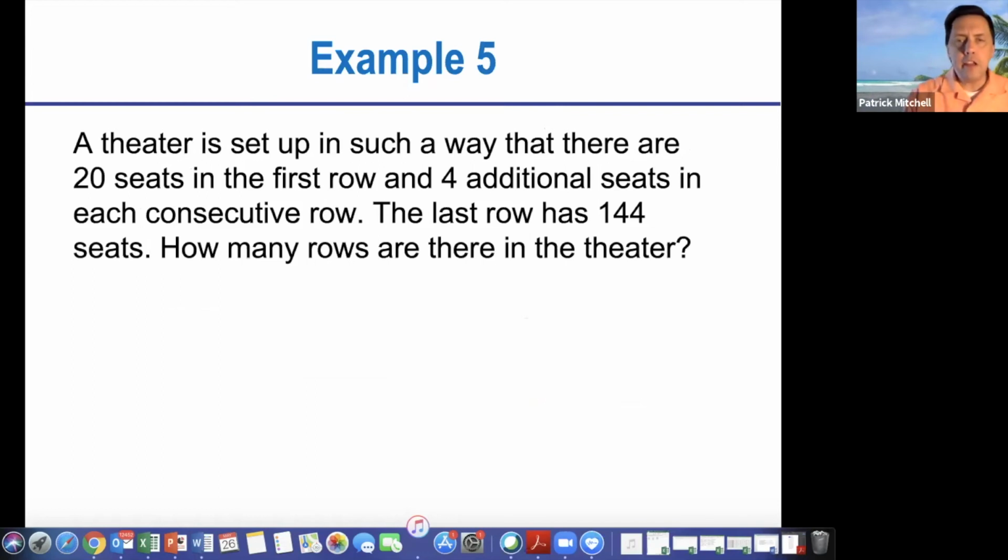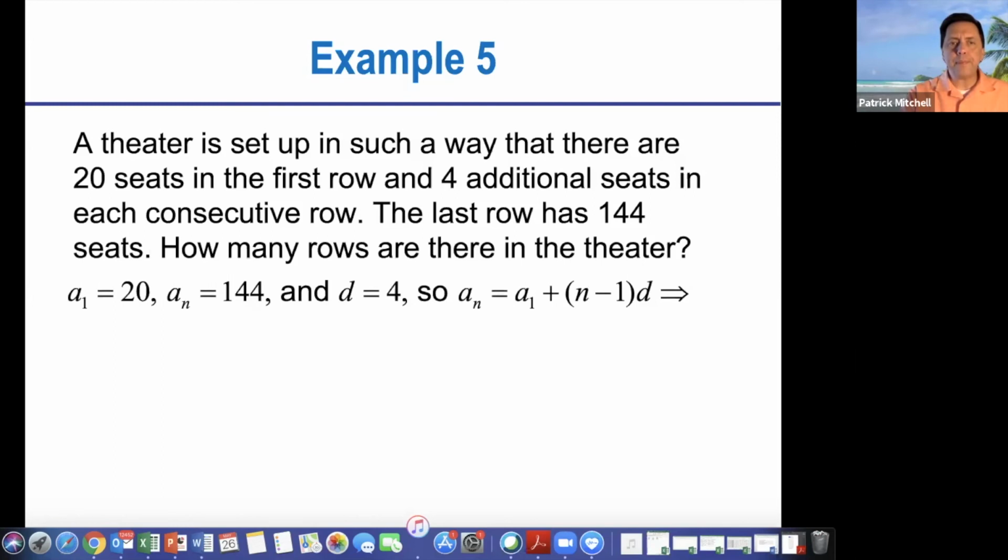Okay. So we'll use the formula that we just developed. So in this problem, a sub 1 is 20, a sub n, the nth term, is 144, and d, the common difference, is 4.